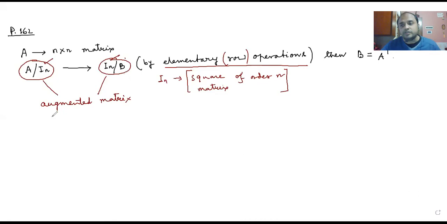I'm going to find it using the above rule. So let's begin finding the inverse using the above rule.